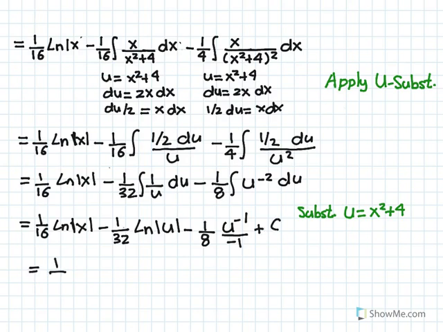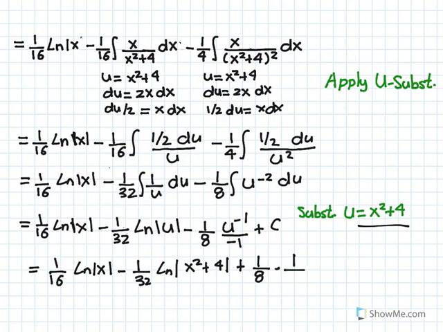We get 1 over 16 log of absolute value of x minus 1 over 32 log of, well, we did a substitution, u is equal to x squared plus 4. So let's put that back in. Log of x squared plus 4 plus 1 over 8 times 1 over u, and u is x squared plus 4. And don't forget to put the constant c.